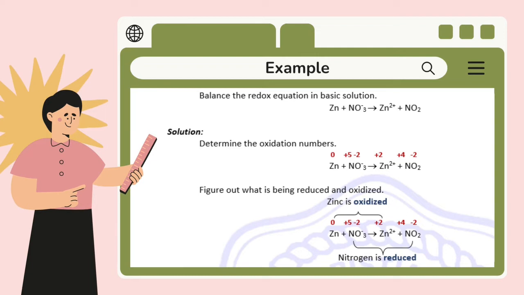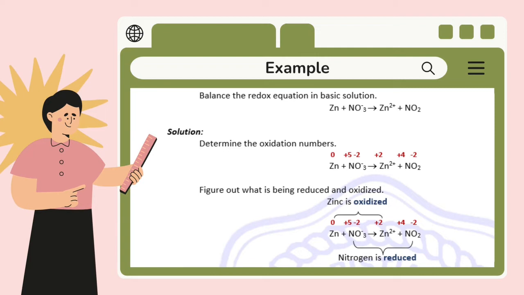Zn, since it's an element by itself, we have 0. NO3⁻, we have positive 5 and minus 2, and then Zn²⁺, we have positive 2. Right after that we have NO2, we have positive 4 and negative 2. Next, we're gonna figure out what is being reduced and oxidized.